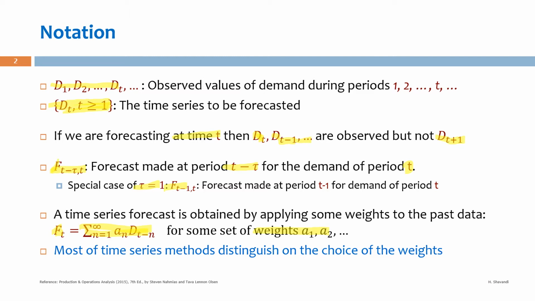Okay, and in the time series models that we have in this chapter, we are going to distinguish on the choice of the weights, on assigning the weights. So different methods will assign different weights on the past values. Okay, so we'll see how we can obtain these weights in different methods in order to have a better forecast with less error for demand in the future.